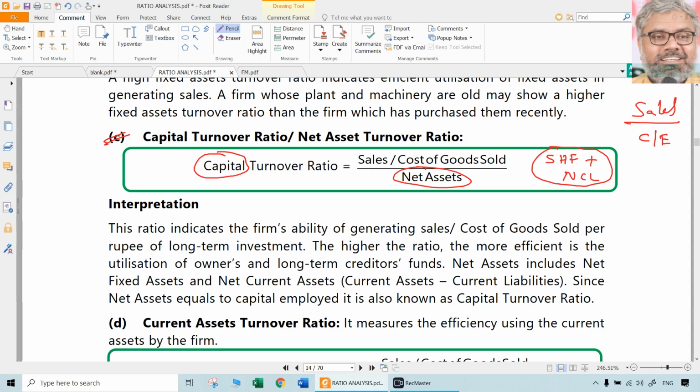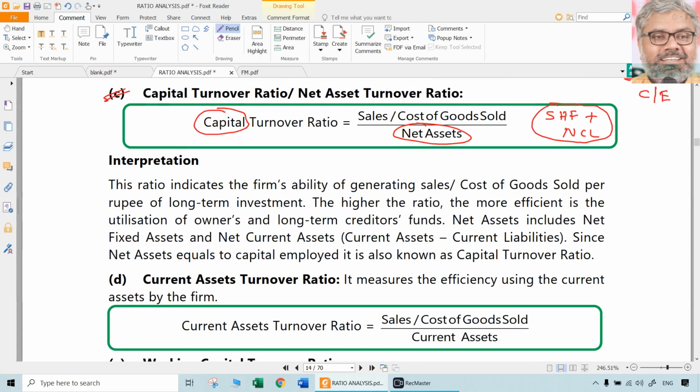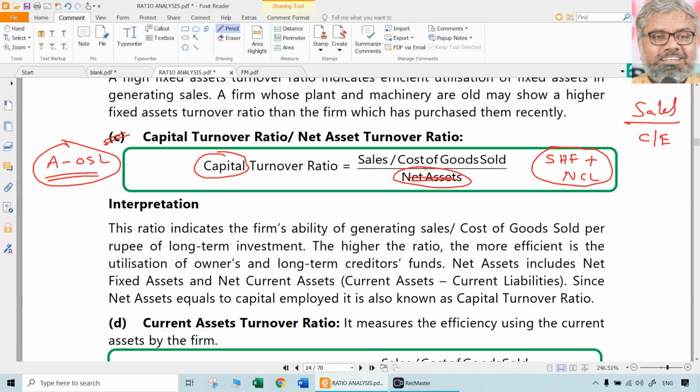It can have a different application also. In that case, we may not take the non-current liabilities, we may only take shareholders funds. In that case, net assets means assets minus outside liabilities. So assets minus outside liabilities effectively gives what? Shareholders funds. But that is not a very good indicator. That is why, rather than calling net assets, better way of using the correct name for denominator is capital employed, because the name itself indicates capital turnover ratio.